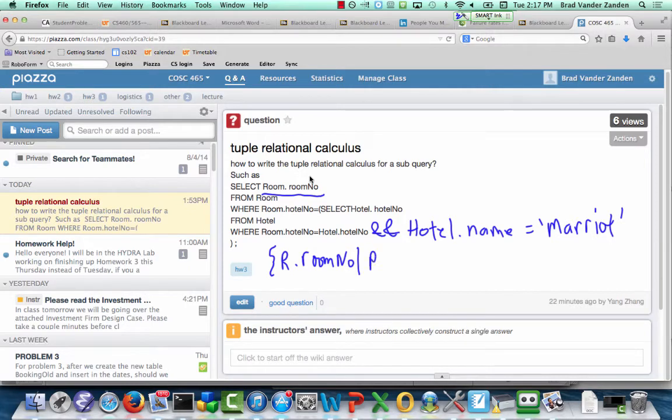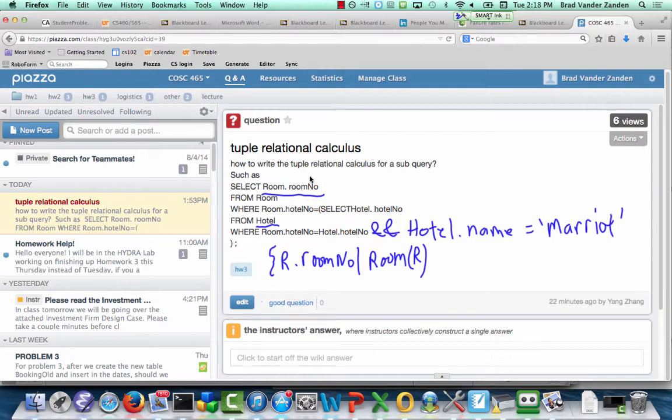So we're going to have r ranging over the room relation. Then you're going to use an existential quantifier for hotel. So basically the query is to list all rooms that are in the Marriott.